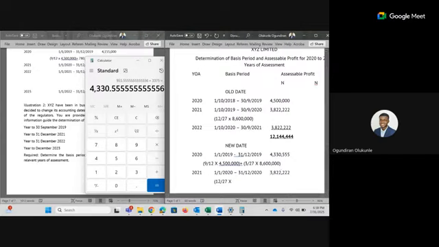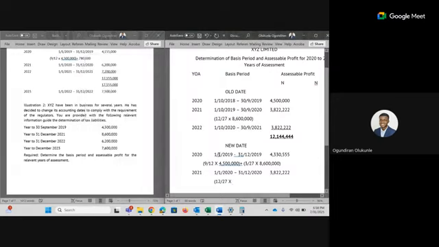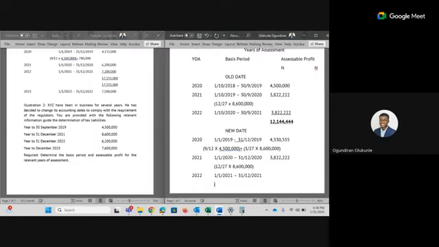Right? Then the next time you will now have something that looks like 8.6 million again, and that will give you for 2021 assessment, you have 1/1/2021 now to 31 December 2021, and you have 12 over 27 times 8.6 million.